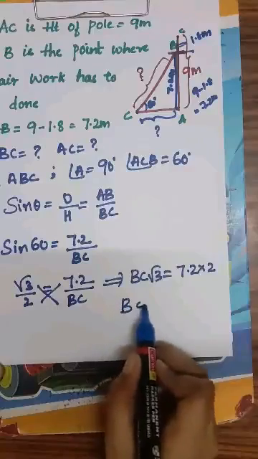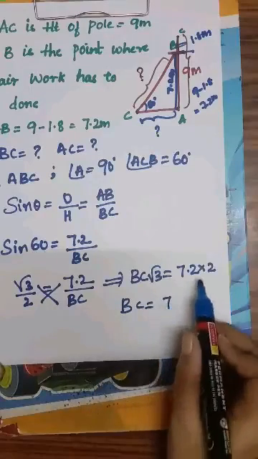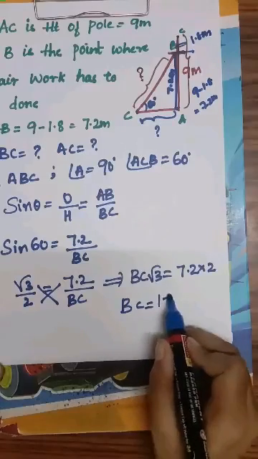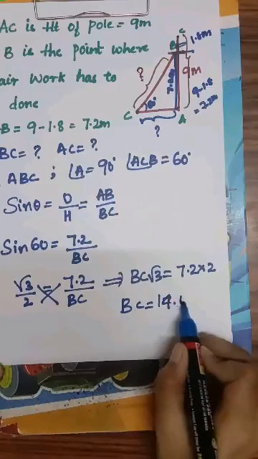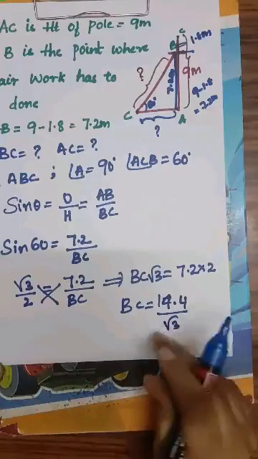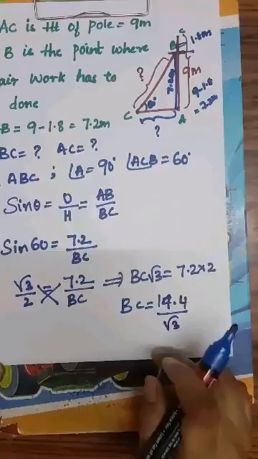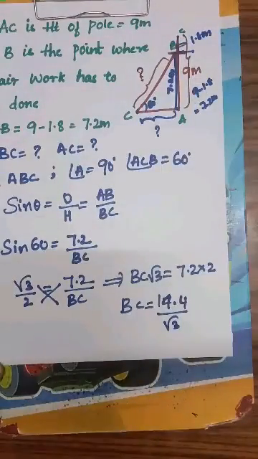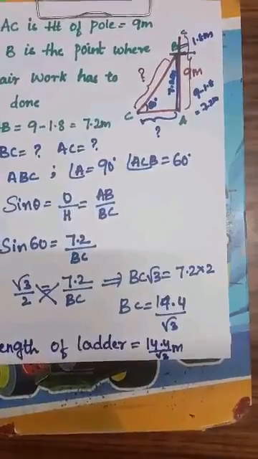So BC is equal to 7.2 into 2, that is nothing but 14.4 by √3. This we got as the length of the ladder.